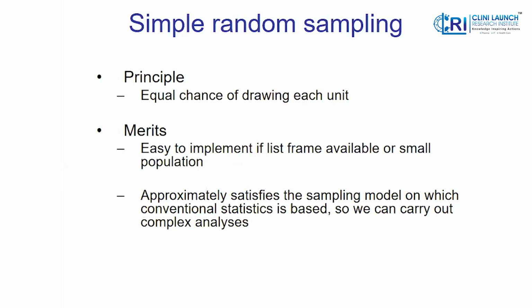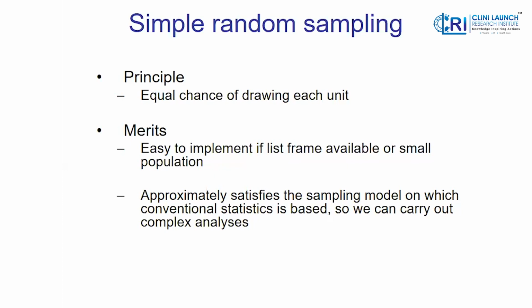Which means in simple random sampling with replacement, if you draw one sample from the population, then you will put that sample again in the population, and then again you will draw. In a similar manner, you will draw each sample from the population. Hence, the name is simple random sampling with replacement.